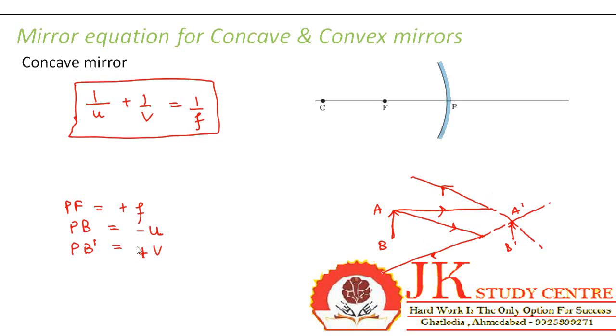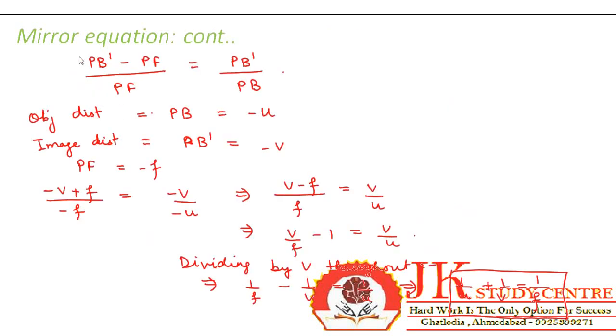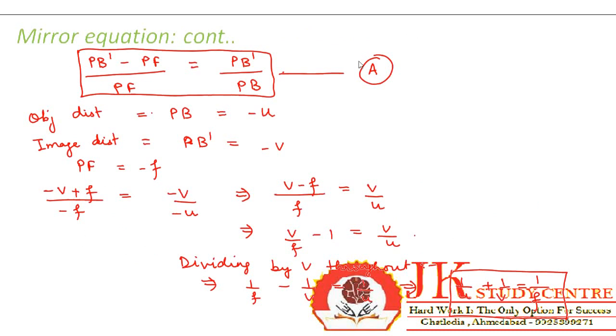So if you put all these values in the equation in our previous slide, let me call this equation as equation A, then what happens?